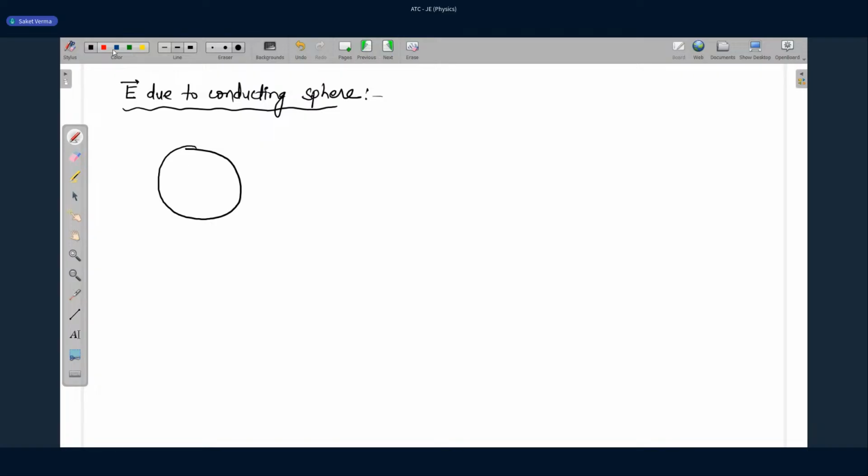Okay, there is a sphere, and because it is a conductor, it has the charge on the surface of the conductor. So it has charge, and it has radius R. Now we want to calculate the electric field at any distance r greater than capital R, means somewhere outside, at point P. The small r, where our point of interest lies, is outside the conducting sphere.